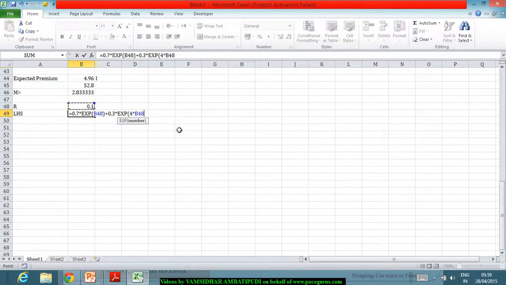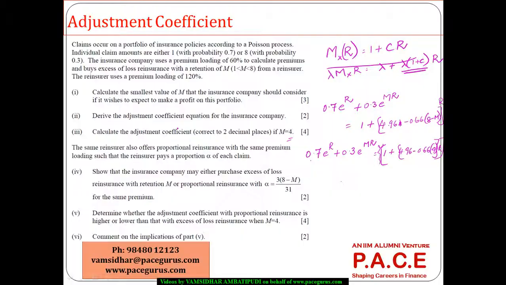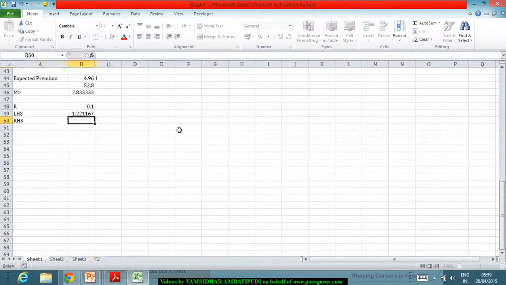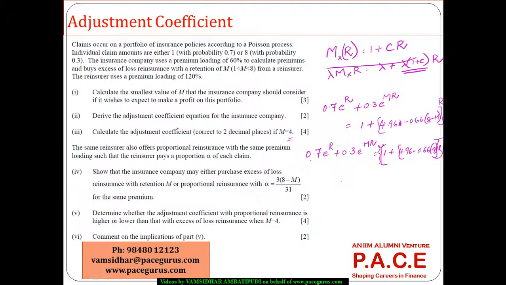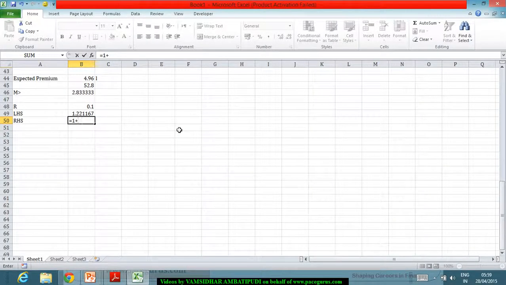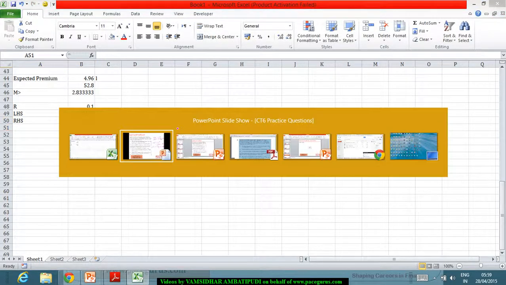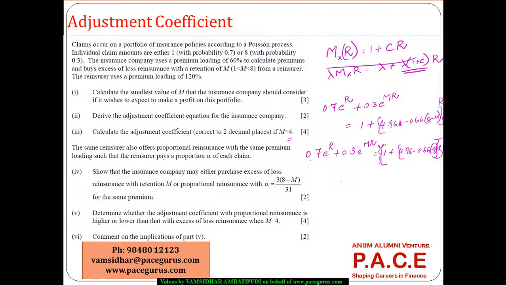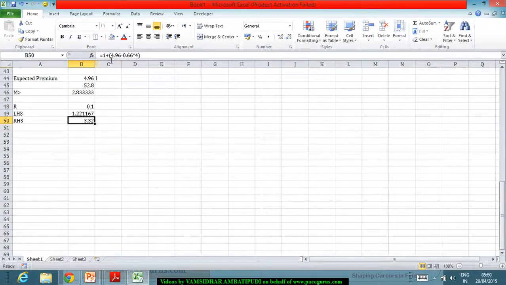So the left hand side is 1.22 and the right hand side becomes 1 plus 4.96 minus 0.66 times 4, so this is 1 plus 2.32r.